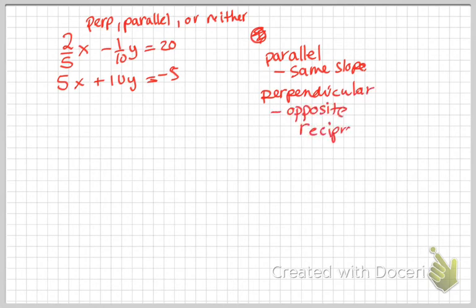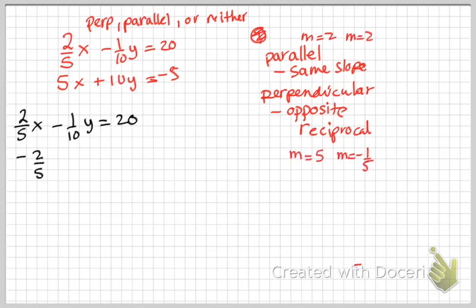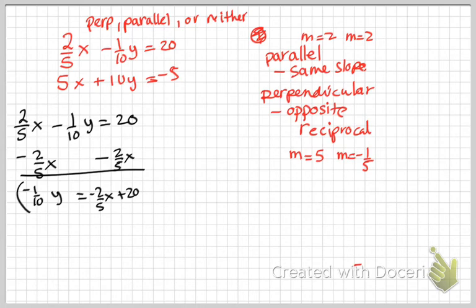So I'm getting my y alone. I'm subtracting 2/5 x. Now I'm left with negative 1/10 y equals negative 2/5 x plus 20. What would we do now?